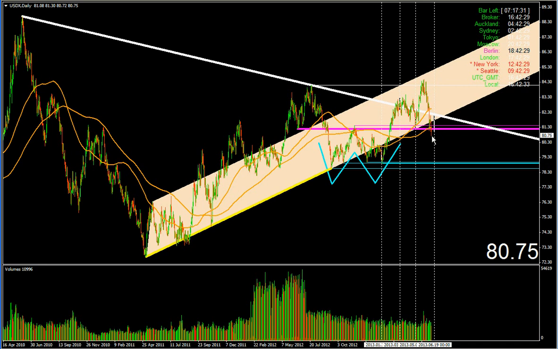But if the downside trend continues like in the last trading days, including last Wednesday, we could fall into the lows of this W formation at 80.96.